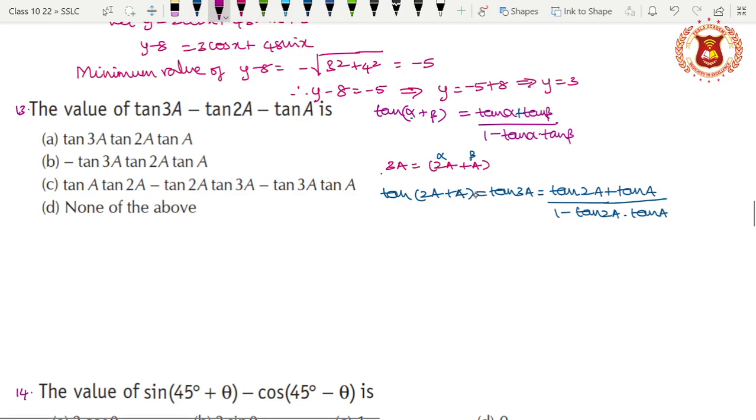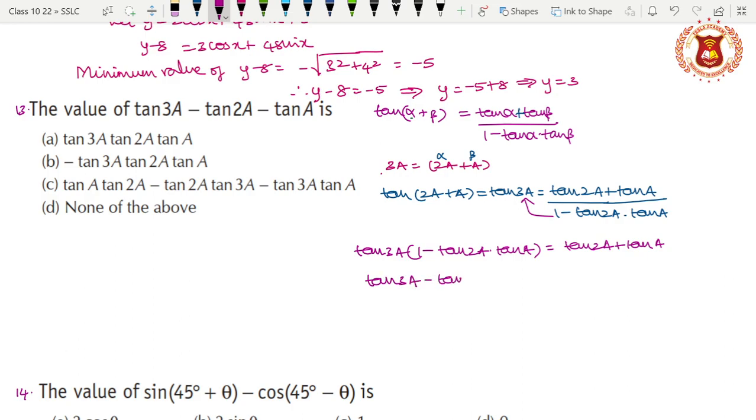Hope you understood, everyone. I will send this term to the LHS. Tan 3a into 1 minus tan 2a into tan a is equal to tan 2a plus tan a. Now I multiply this by tan 3a: tan 3a minus tan 3a into tan 2a into tan a is equal to tan 2a plus tan a.